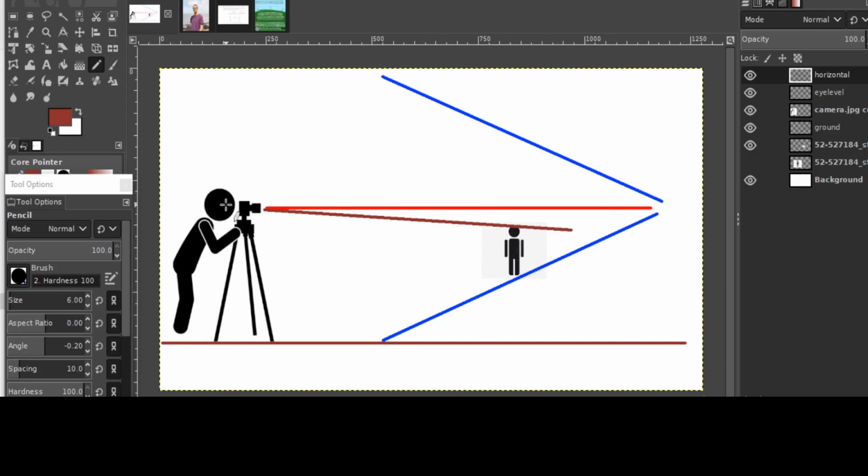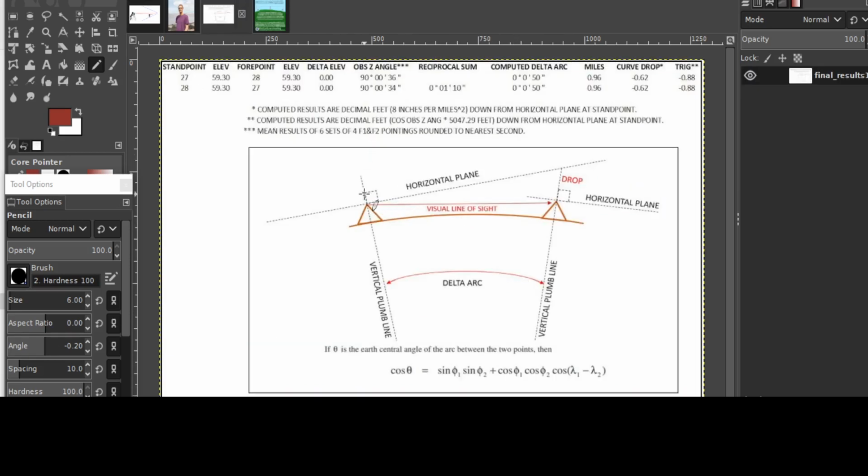So from the perspective of the person with a theodolite here, just like a camera, this would go down. The angle would be lower than the original horizontal angle. And so, of course, what's happening then is that change in the angle is being interpreted as this plumb line that's not the true vertical that it is. And of course, you've got this assumption that the horizontal plane goes all the way up here.